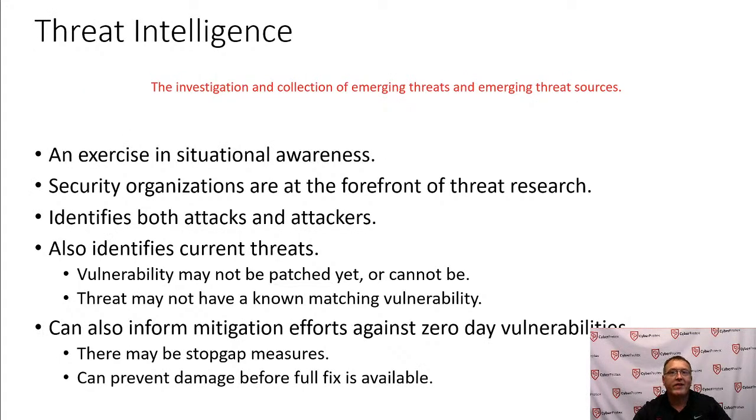So having that situational awareness, being able to investigate and collect information and to deduce certain things from happening on our network by identifying current threats, and then figuring out what those mitigations are to those threats.